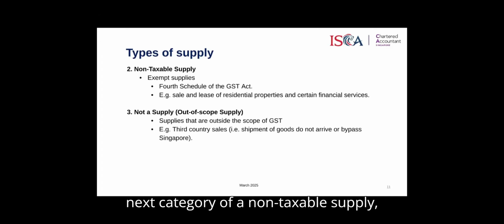The next category of a non-taxable supply, or could also be known as not a supply, refers to out-of-scope supply. Out-of-scope supplies refer to transactions that are out of scope of the GST. One very common example would be third country sales of goods. In short, shipment of goods that do not arrive or bypass Singapore physically. For example, a Singapore company may have sold goods to a US customer.